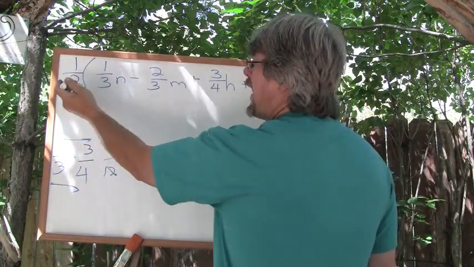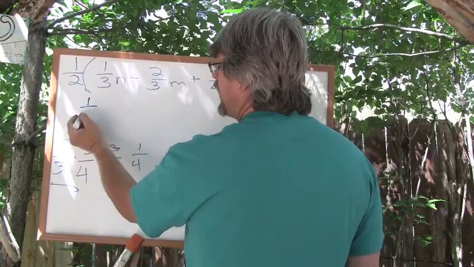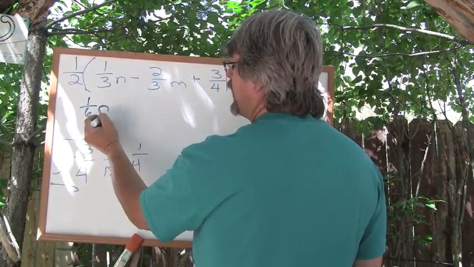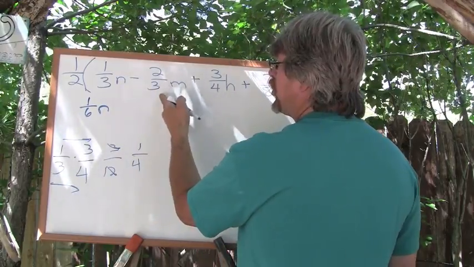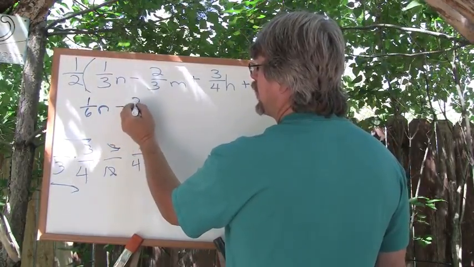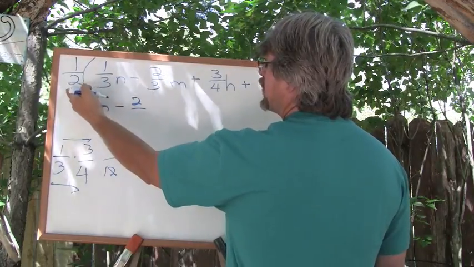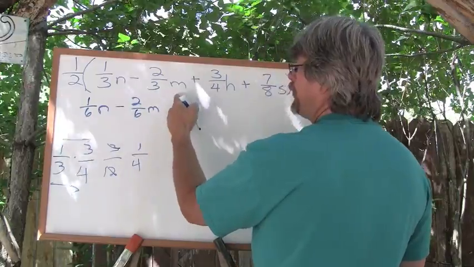So what is 1/2 times 1/3 n? It's 1/6 n. What is 1/2 times negative 2/3 m? Well, 1 times 2 is 2, and 2 times 3 is 6, so 2/6 m.